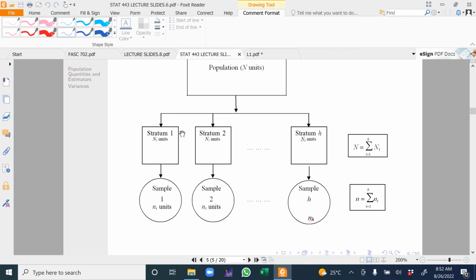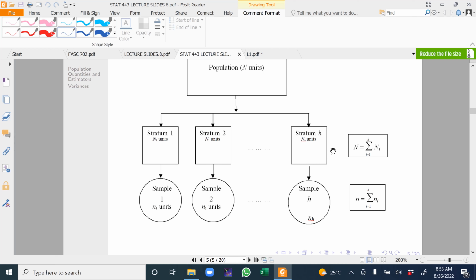For stratum 1, the units have a common feature that is different from that of the units in stratum 2. Characteristic-wise, stratum 1 is different from stratum 2, which will in turn be different from stratum 3, stratum 4, and so forth.